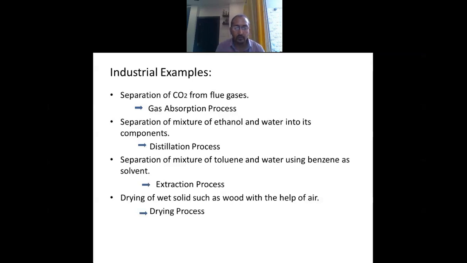So what we do is vaporize some amount of the liquid. The vapors formed will be richer in the component having more volatility, or more vapor pressure. In our case, ethanol has a higher vapor pressure than water, so the vapors formed from the liquid will be richer in ethanol than in water.